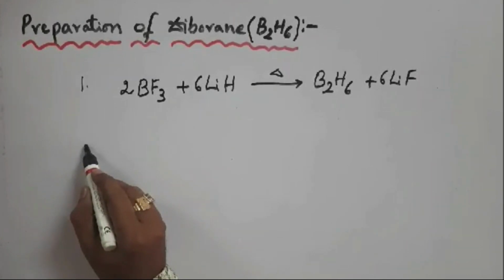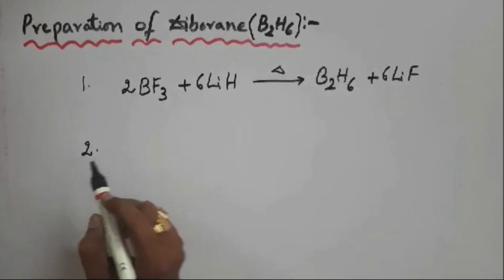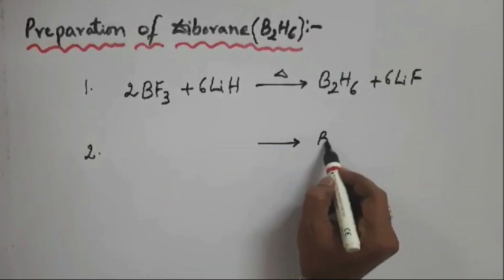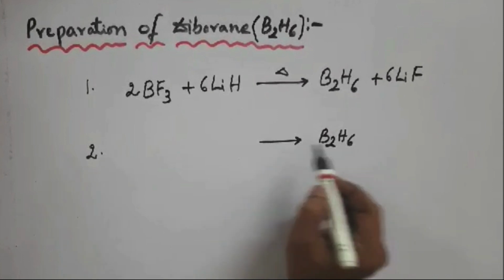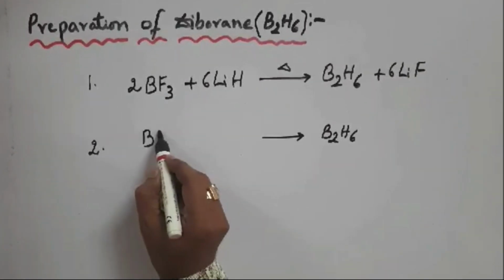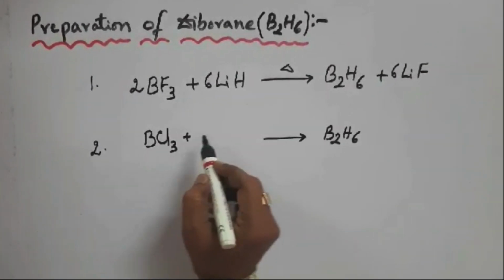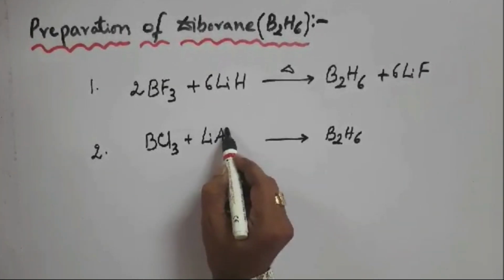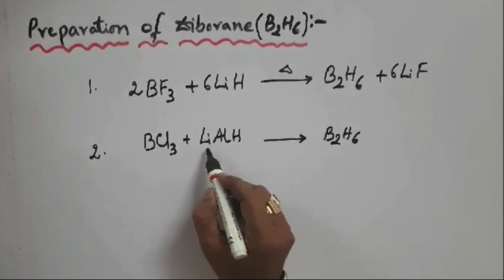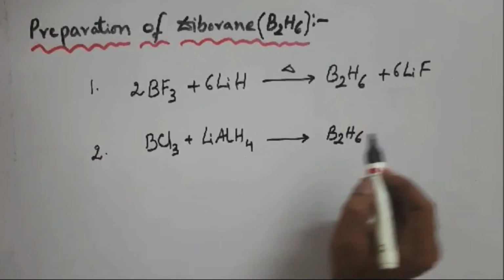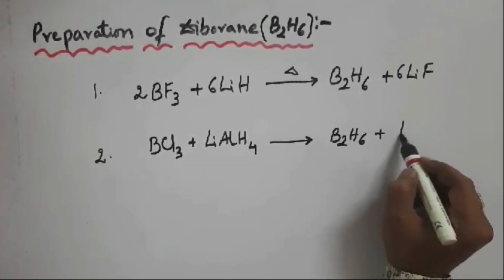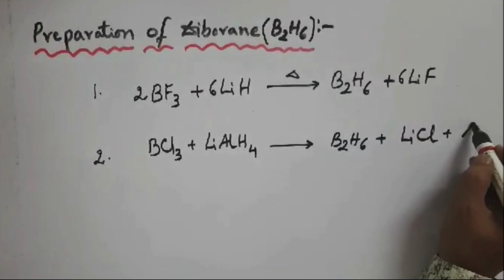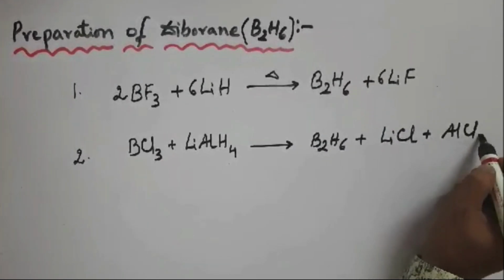Now the second method is a very important method where diborane is prepared by the action of boron trichloride this time, namely BCl3, with a very strong reducing agent, namely lithium aluminium hydride, LiAlH4. Here the byproducts include lithium chloride, LiCl, and aluminium trichloride, namely AlCl3.